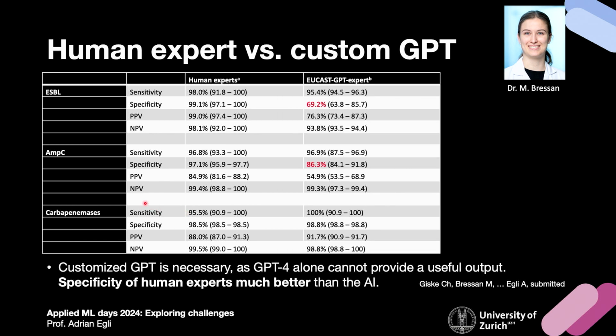And then if you check the EUCAST expert, the sensitivity is the same, and for carbapenemase it is even better. But where it struggles a bit is with the specificity. So it's more careful, it overcalls resistance, and therefore you would go and do too many extra tests to actually confirm the resistance mechanism. But I think it's remarkable that a system like ChatGPT can actually do this.